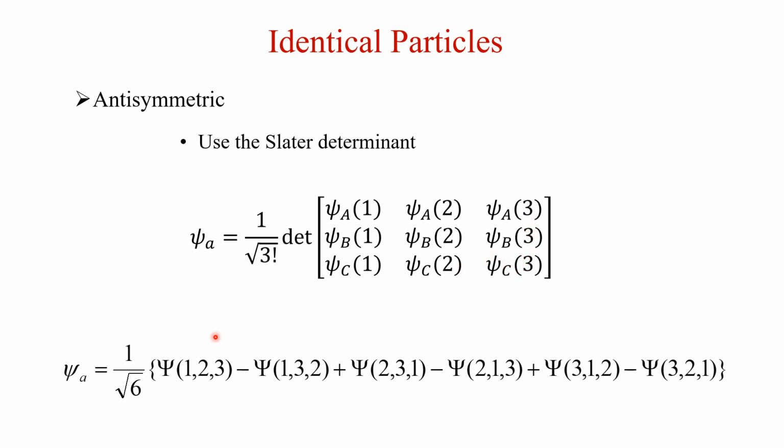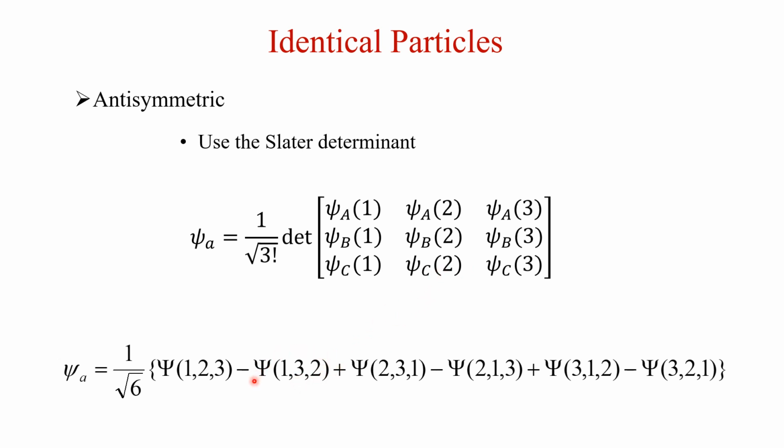So if you find the determinant, what you will do, you take psi A1, then psi B2, psi C3. So that is the first term, this one. Then next, psi A1, you want to find the determinant, psi A1 minus psi B3 psi C2.